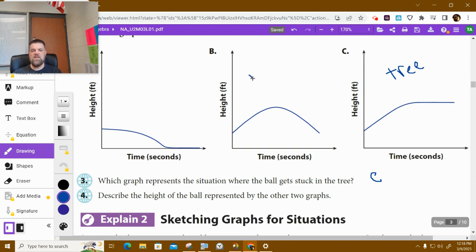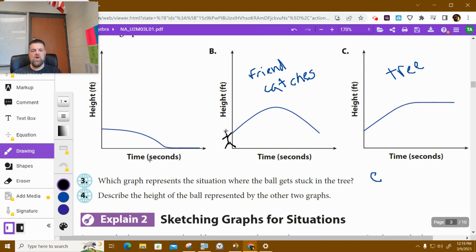So this one, the friend catches, right? How do I know that? So what you could do is imagine that there's a person here, right? I'm going to draw a little stick person.